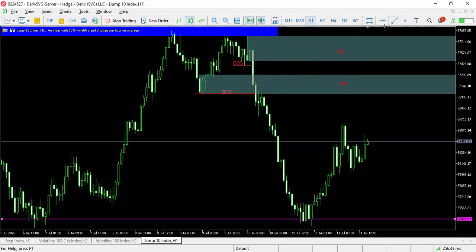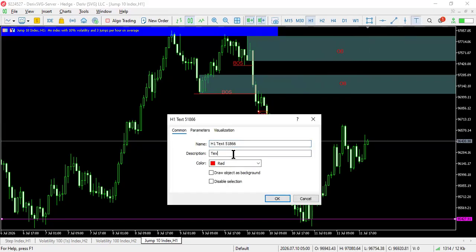That order block, and then we also have that break of structure. We also have this break of structure that I'm seeing as a liquidity area.